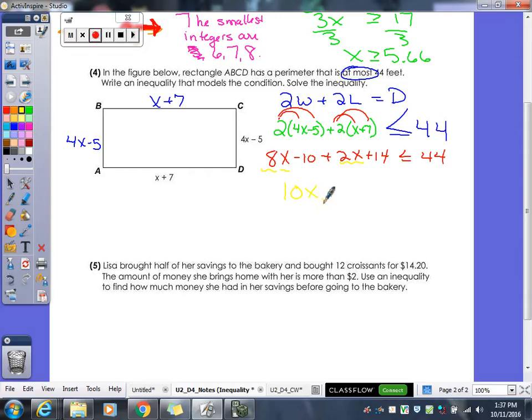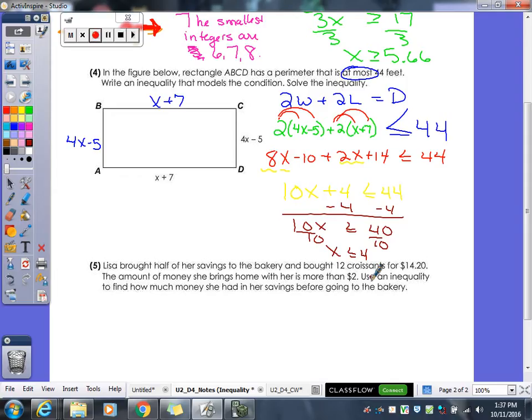Negative 10 plus 14 gives me a positive 4. And then you're going to subtract 4 from both sides. We finally have one to turn out even. Divide by 10. X is less than or equal to 4.